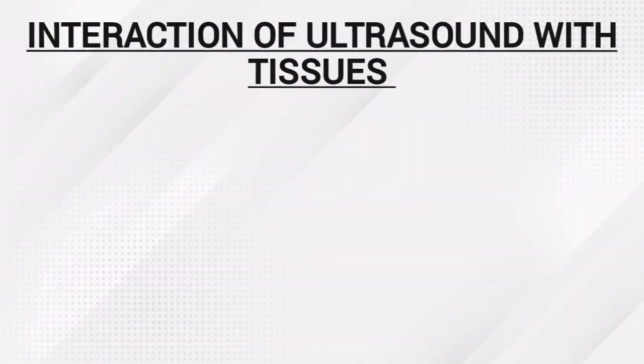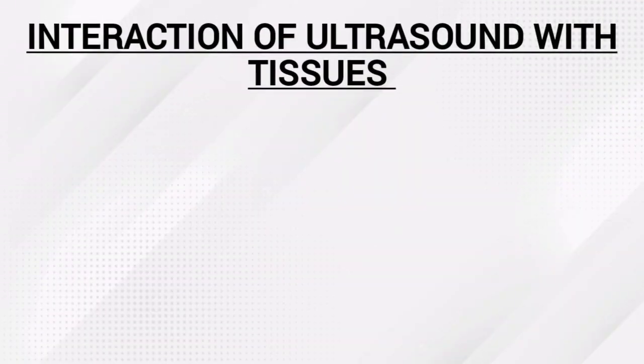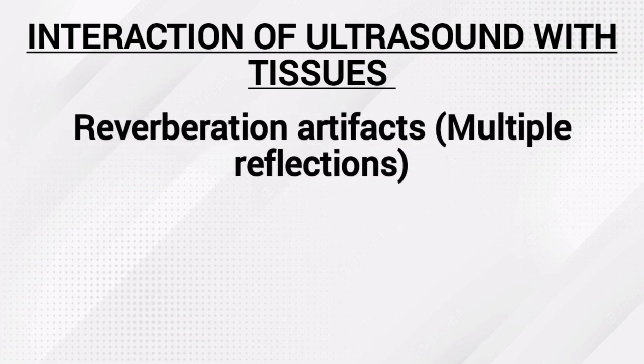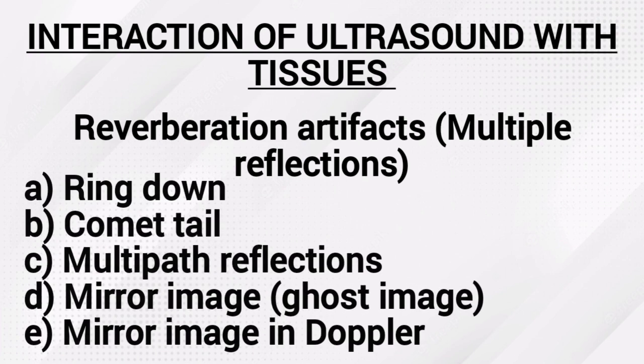So the first one we'll look at is interaction of sound with tissues. In this case, you have reverberation artifacts, where you have multiple reflections. The list for reverberation artifacts includes ring down artifacts, comet tail artifacts, multipath reflections, mirror image, what you call ghost image, and mirror image on Doppler.